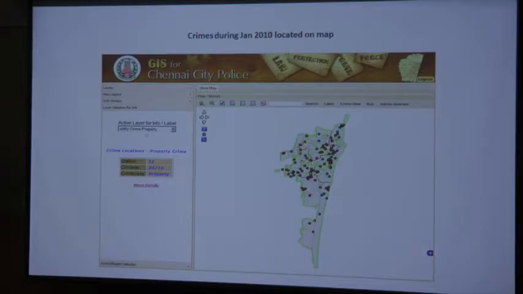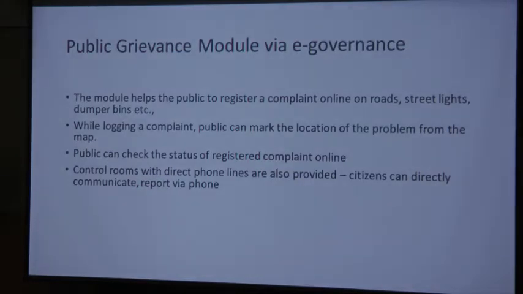There are some other interesting things happening, such as crime mapping, GIS for Chennai City Police. I was pretty surprised by that, and I'm not sure to what extent they're doing it and what the impacts are on crime analysis, but apparently this is ongoing. There is also a public grievance module via e-governance. It helps the public register a complaint online on roads, streetlights, dumper bins, and all sorts of things.